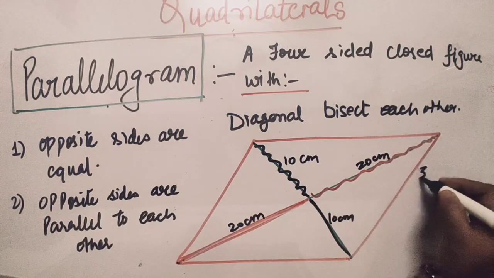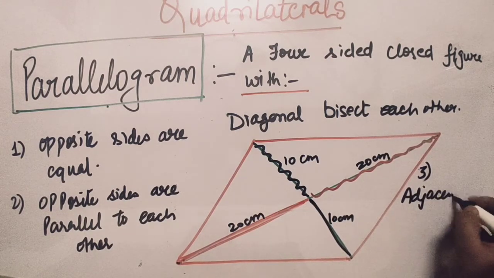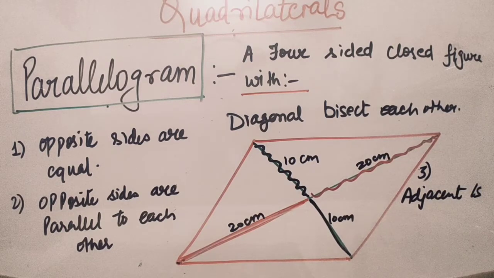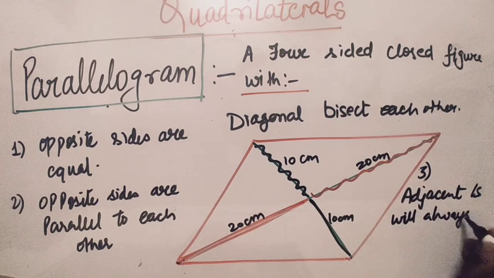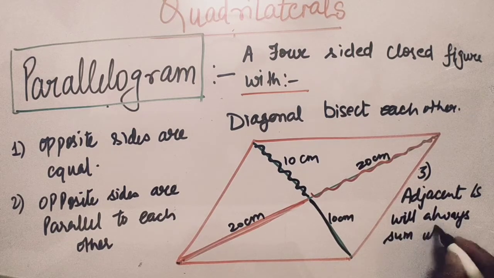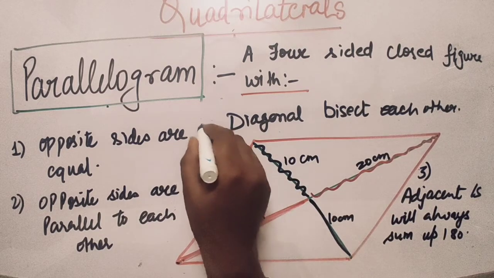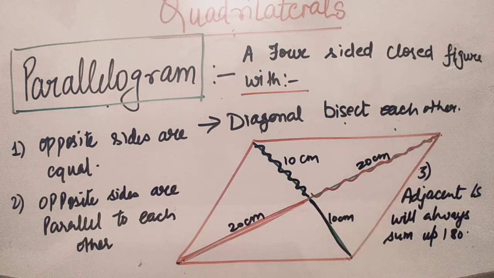And the third property, adjacent angles. You can call them adjacent angles, or remember them by the name of neighbor angles, right? Adjacent angles will always sum up to 180 degrees, and the last is that diagonals bisect each other. So these are the properties of a parallelogram.